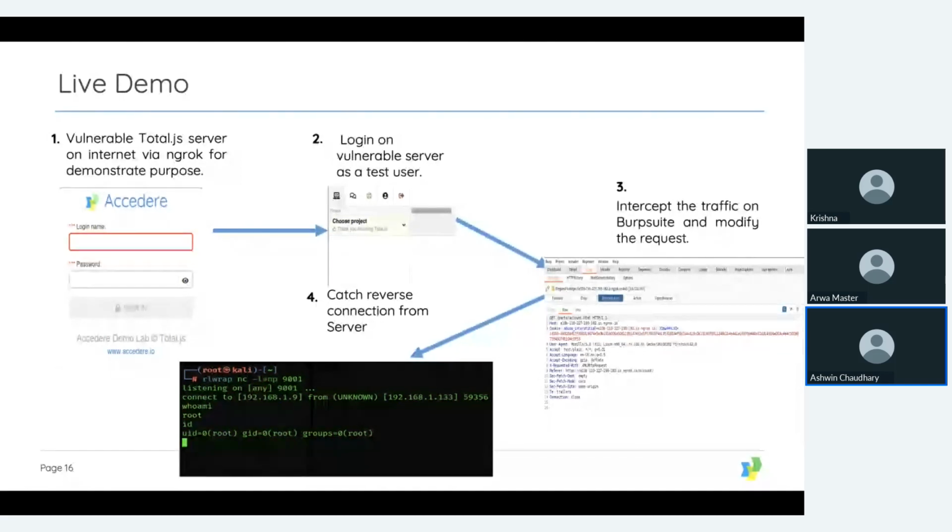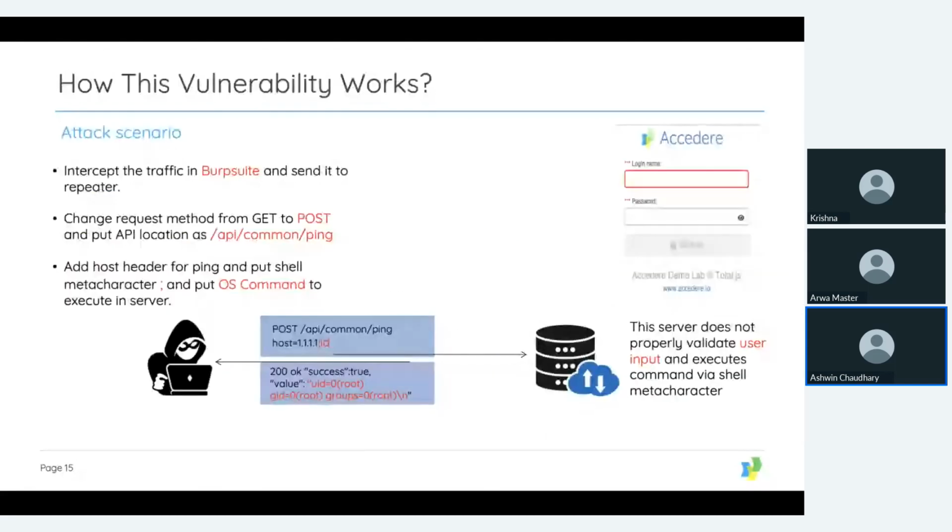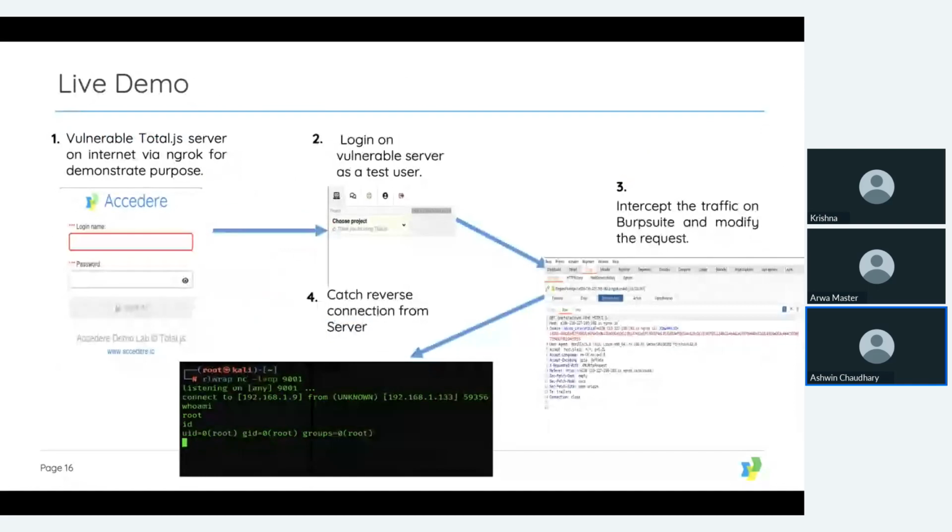He will gain access. Third, we will intercept the traffic using Burp Suite, like we just discussed in the slide above. We will show you how the method is changed from GET to POST, and how these shell meta characters are sent to the server, and the result we are getting.